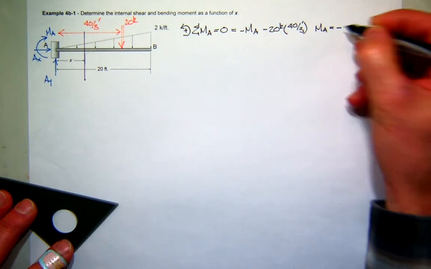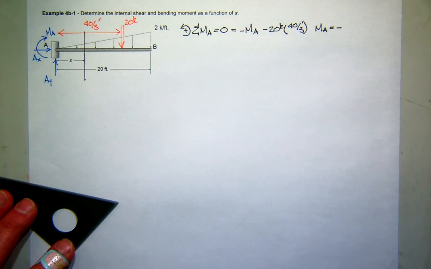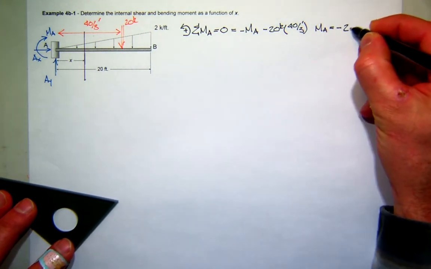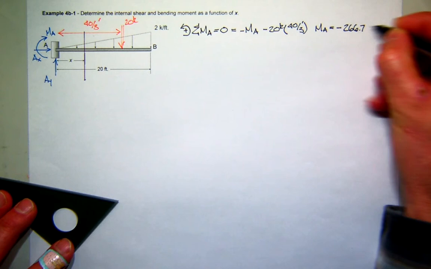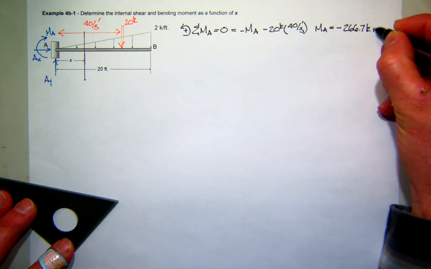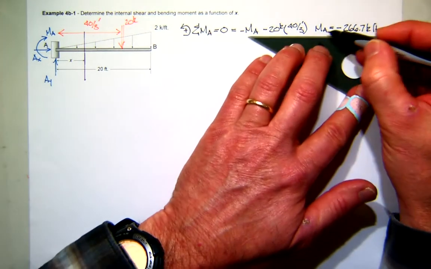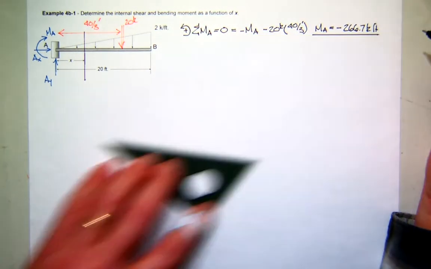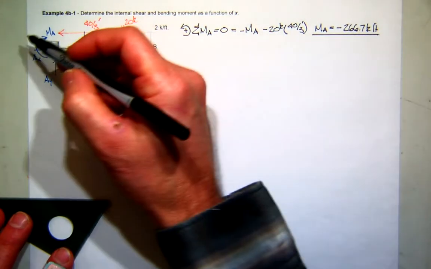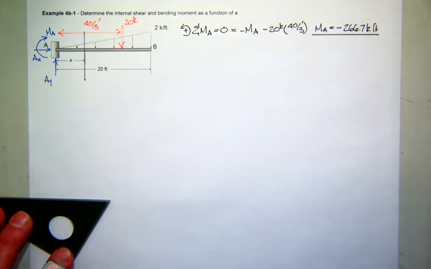Looks like it's going to be negative. What is that, 800 divided by 3? 266.7. That would be kip feet. So I got a negative moment, so it's opposite of what I chose here.